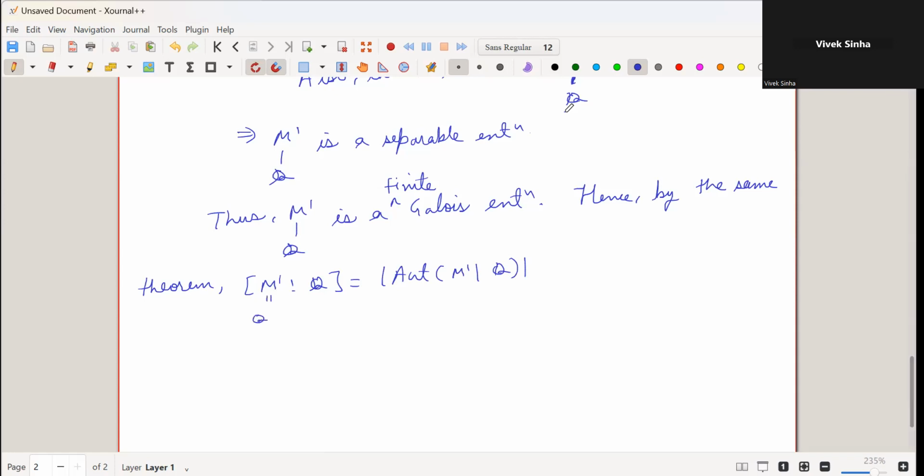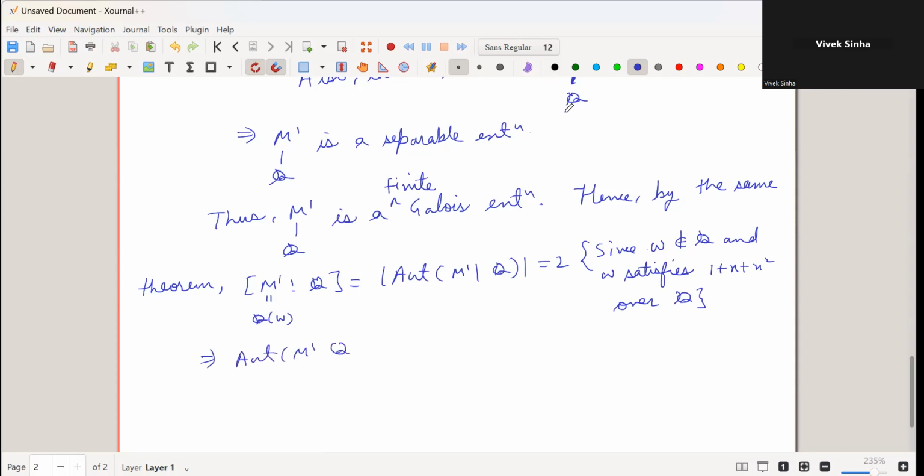M dash is Q(omega), that is again 2, since omega does not belong to Q, and omega satisfies 1 plus x plus x square over Q. So again we get that the automorphism group is isomorphic to Z2, not Z3, right?